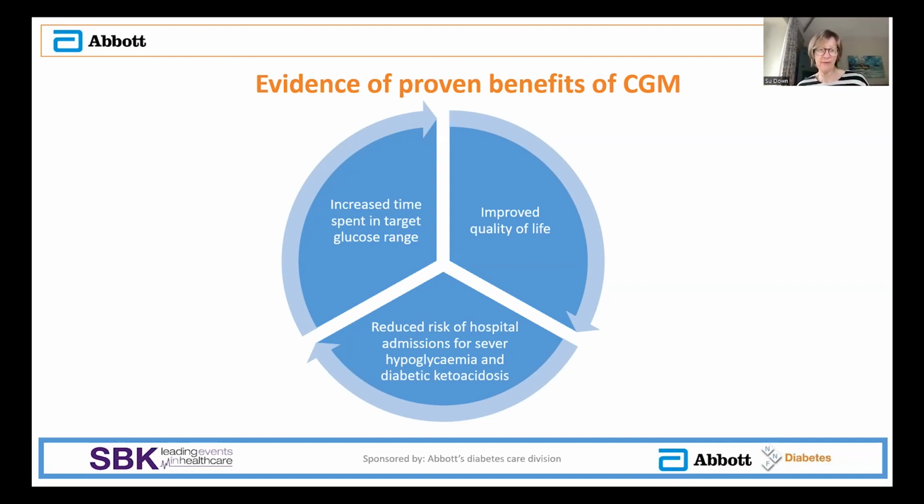So we do have evidence that the more that they can hold their glucose in that target range, which I'm going to explain more in a minute, but Jane did point out earlier, we know that that is linked to improved quality of life because people feel better and feel in control. But also the amazing evidence about reducing the risk of hospital complications from severe hypoglycemia and from DKA.